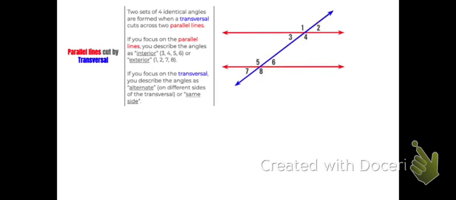Also, with these angles, we refer to them as interior if they're in between the two parallel lines, or exterior if they're outside of the parallel lines. And then the angles are either on the same side of the transversal or the opposite side of the transversal.